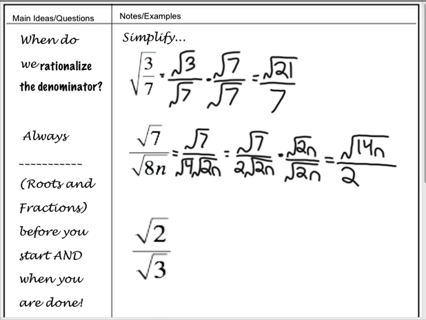A radical times itself just gives you whatever was inside, so the 2n. And finally, looking at this, 2 times 2n, I can just call that 4n. And now I'm done. So don't forget the power of simplifying your radicals first to save you complications and reducing later on in the problem.